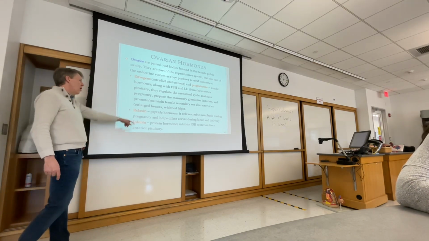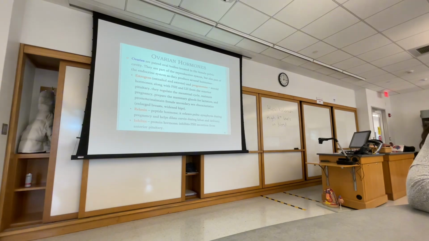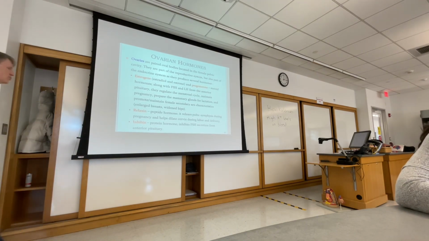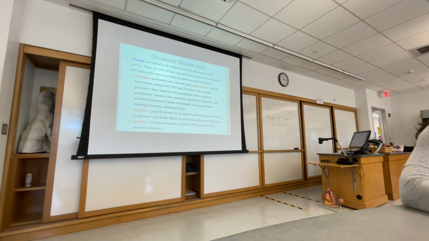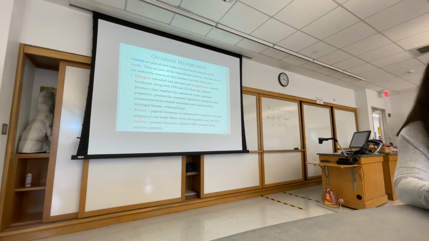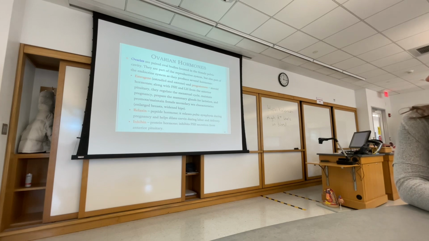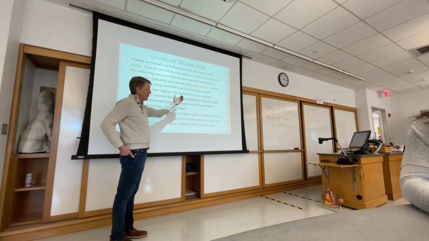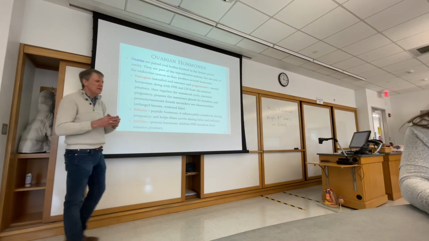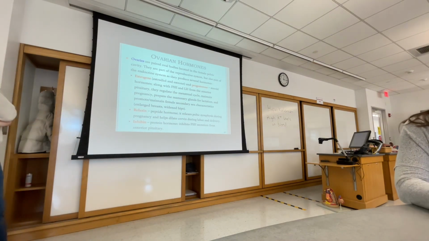There's another hormone called relaxin that's released towards the end of pregnancy. It's supposed to make some changes to make it easier for the baby to be delivered. It relaxes. I don't know who named this hormone, it's kind of a good name. It relaxes the pubic symphysis. What was the pubic symphysis?